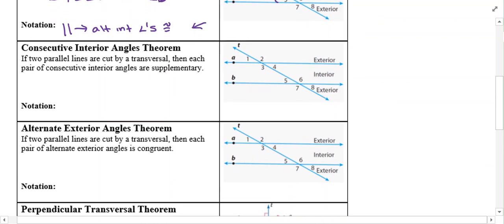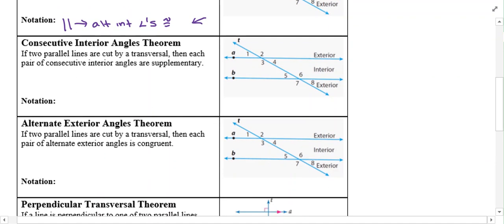Consecutive interior angles theorem. Remember, these are angles that are on the same side of the transversal inside of the two lines that we're looking at. For example, angle 3 and angle 5. When we look at these, we know that consecutive interior angles are supplementary.